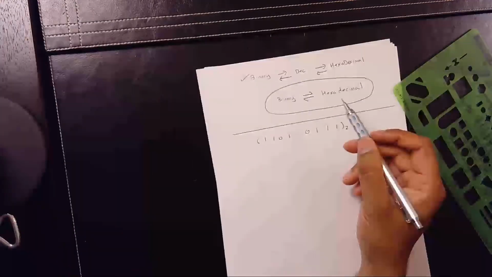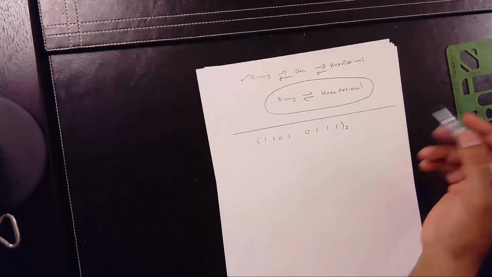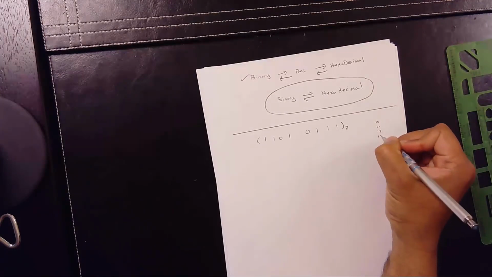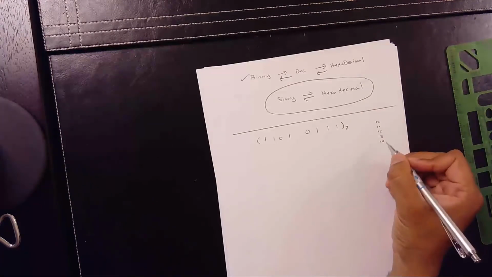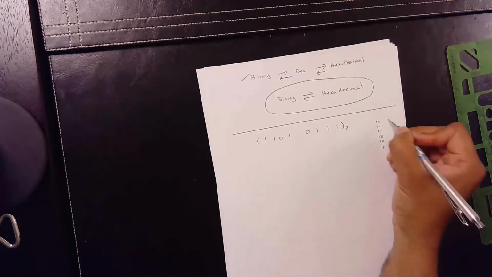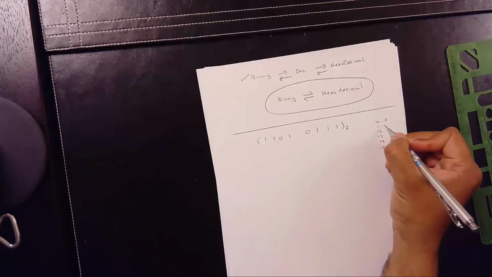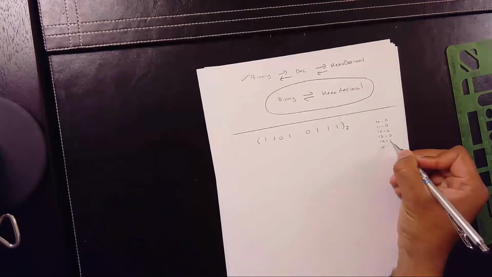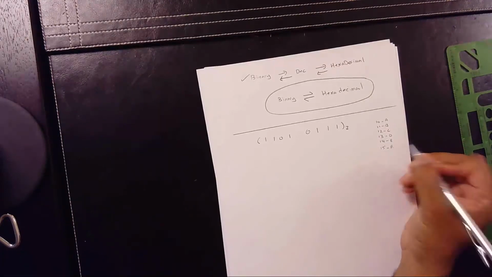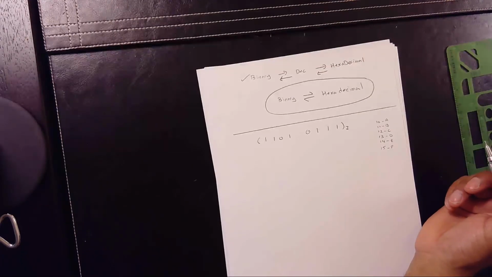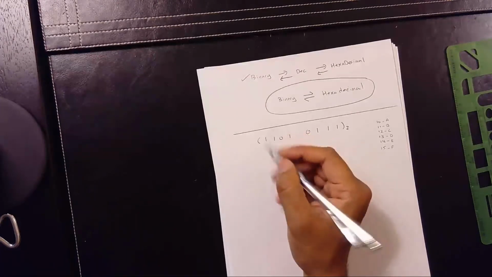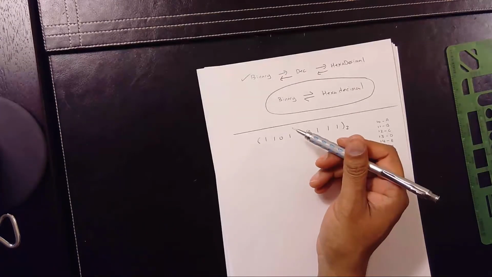In a hexadecimal format, we always have to remember 0 through 9, and then 10, 11, 12, 13, 14, 15, which we write as A, B, C, D, E, and F. So how do we handle this? It's very simple.